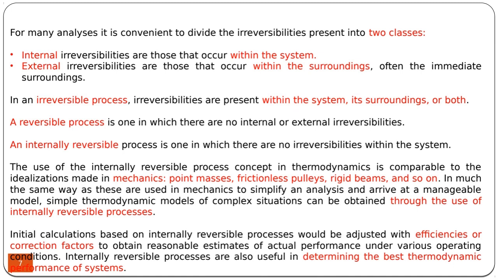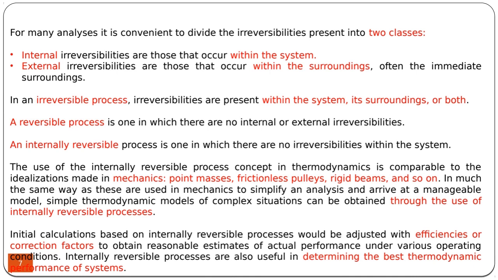In the calculation point of view, we sometimes may assume that system is reversible. For instance, in statics or mechanics, we may say that the mass is just a point, so it doesn't have a physical size, physical dimension.